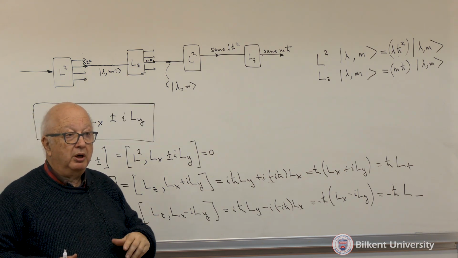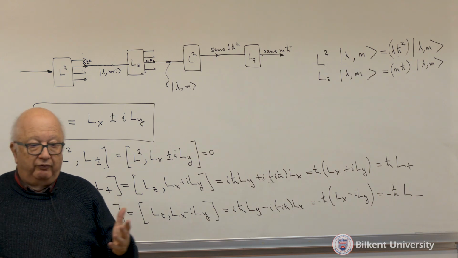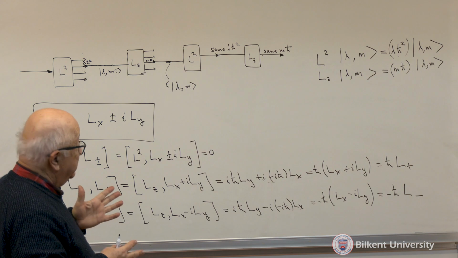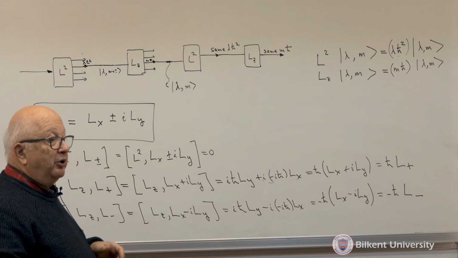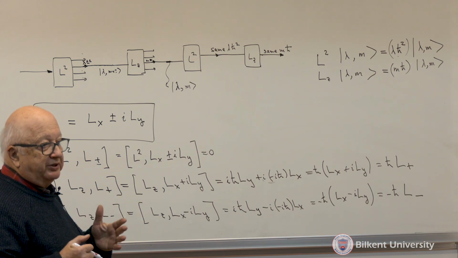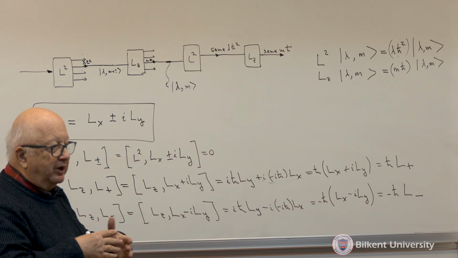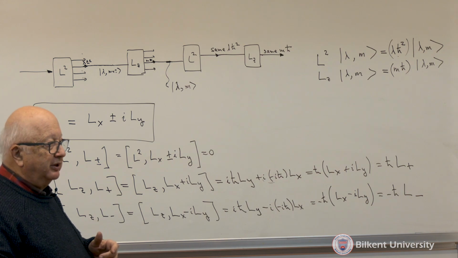So think of, if you are having problems with the unfamiliarity due to angular momentum, consider two other operators that commute. For example, x position and y position commute, right? I can measure them independently.